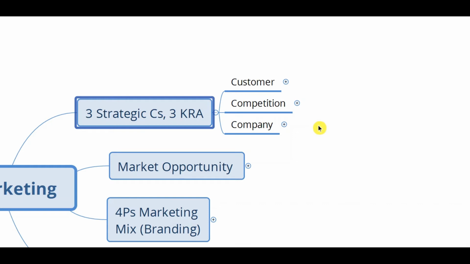Okay, so what happens if you're just customer focused? You can get things wrong because the customer is not always right. Some companies are very company focused. They just decide based on what they want, what their costs are, and what their objectives are. Some other companies use two of the three.